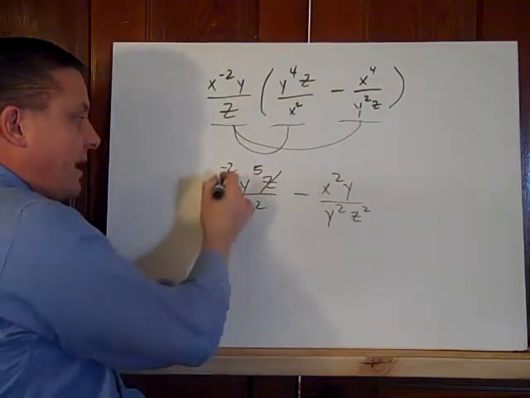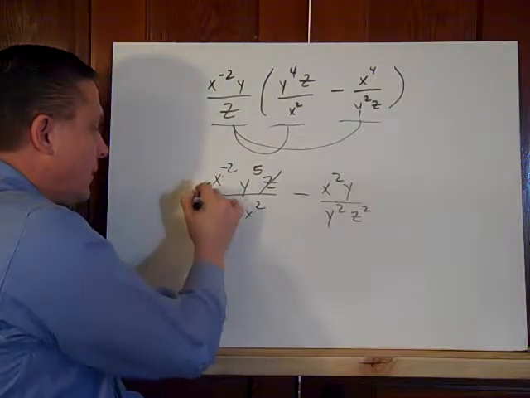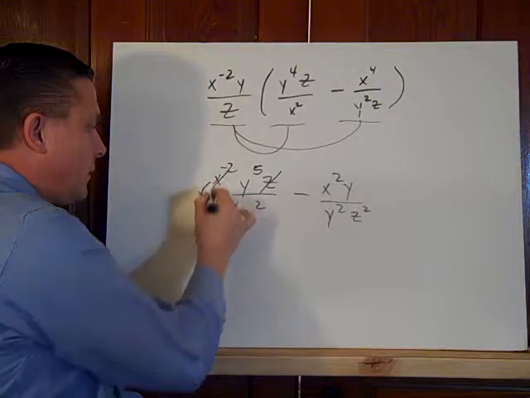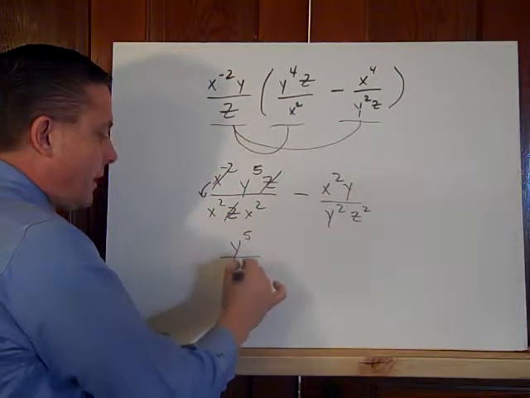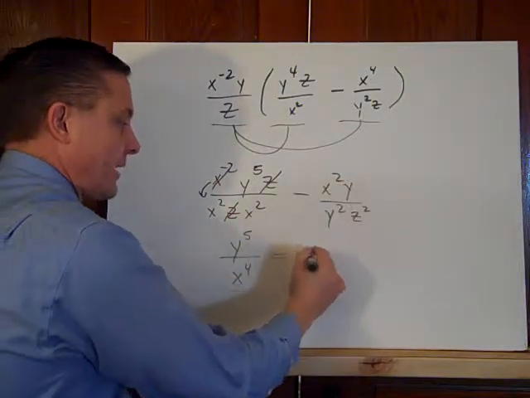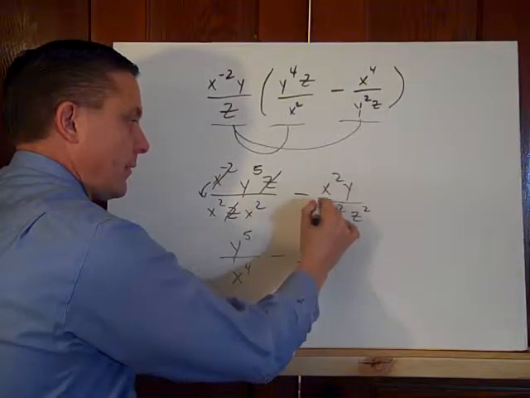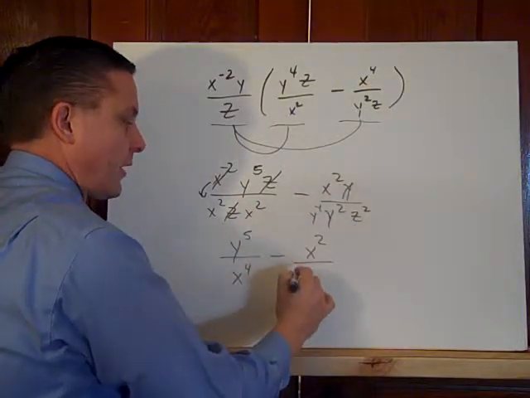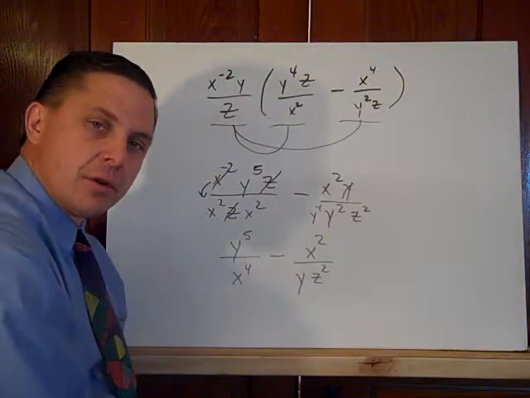The z's are the same. x^-2 and x^2 are not the same, but it can come down and become x^2. So I'll get y^5 over x^4, minus, over here, I'll bring the y down, I'll get x squared. That becomes y^-1 if I bring it down. So I'll get y z squared. And again, not like terms.